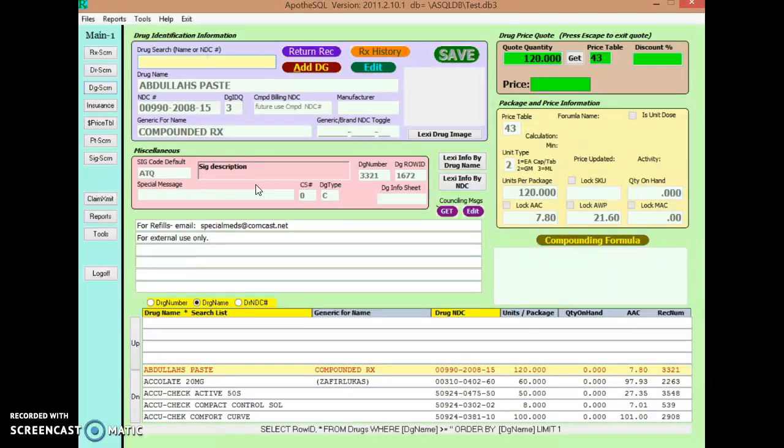So input all of that information for exercises 1, 2, and 3 into the recipe. Then take the screenshot, put it into a Word document, and submit it to me for your assignment this week.